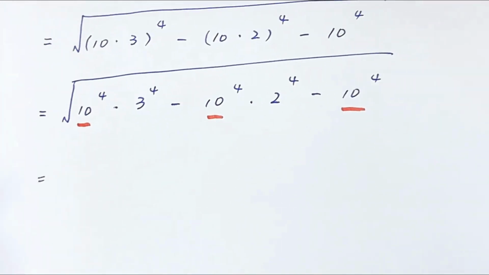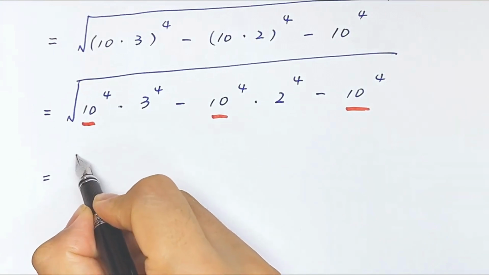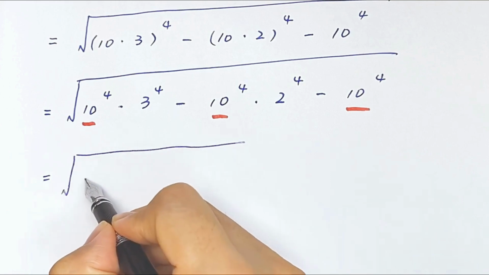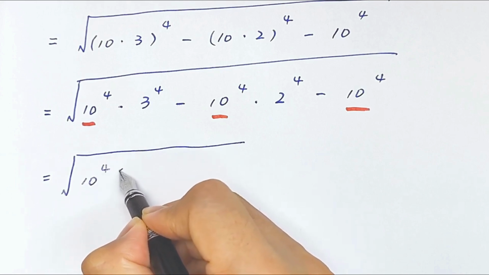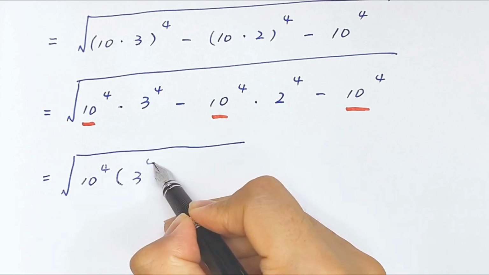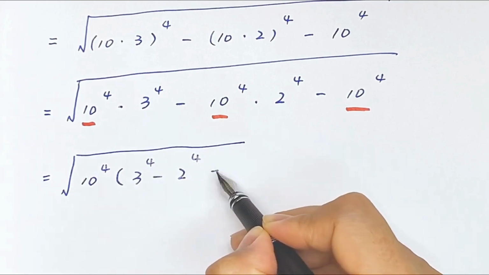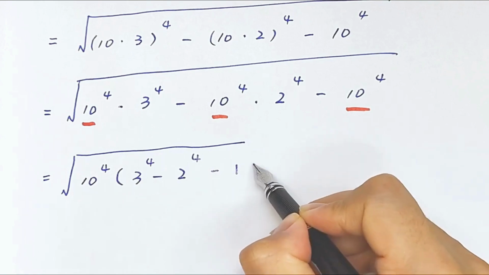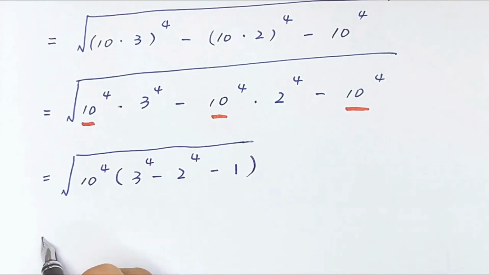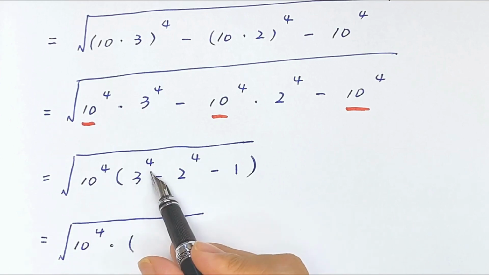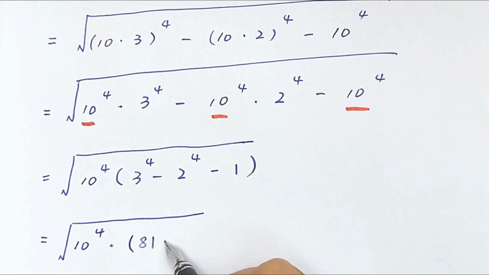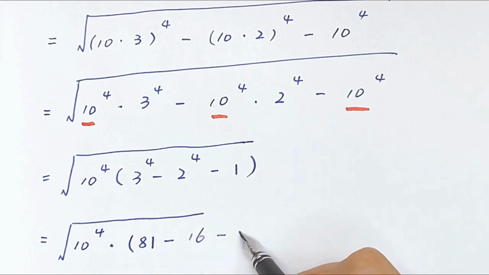So, it will be equal to square root of, we take this out of the bracket, 10 to the power of 4 bracket 3 to the power of 4 minus 2 to the power of 4 minus this is 1, equals square root of 10 to the power of 4 times 3 to the power of 4 is 81 minus 2 to the power of 4 is 16 minus 1.